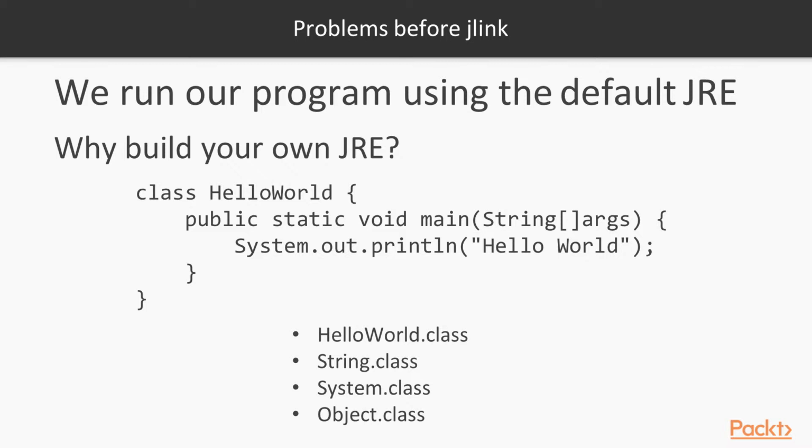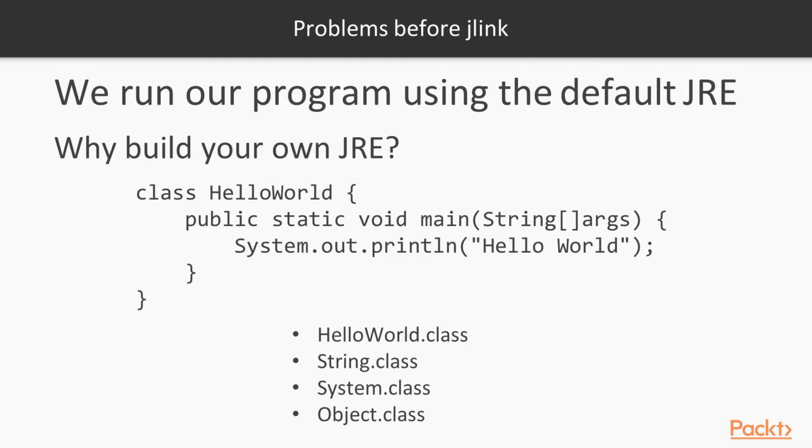So the problem with the default JRE is that it executes all the predefined class files whether you want it or not. And also if you look into the default JRE size on the disk space, you will find it's around 203 megabytes for executing my simple 1K byte of code. I have to maintain 203 megabytes of JRE on my machine. It's ridiculous. It's a complete waste of storage.